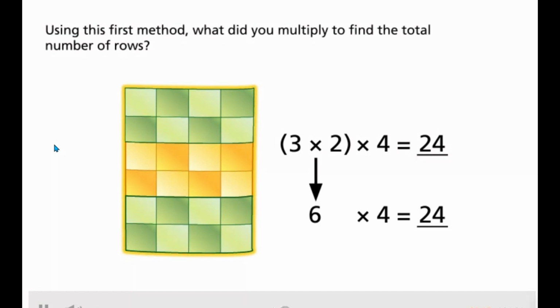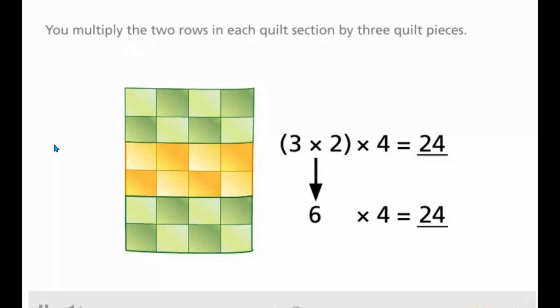Using this first method, what did you multiply to find the total number of rows? You multiply the 2 rows in each quilt section by 3 quilt pieces.